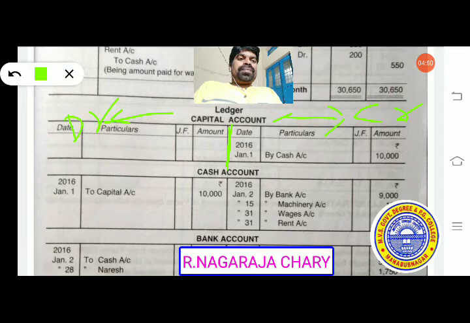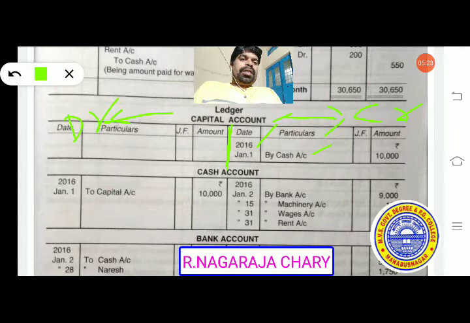Here we already know cash account debtor to capital account. Capital account is recorded on the credit side, so here on 2016 January 1st you have to write By. When you are recording on the credit side, you have to start with By, and when it is on the debit side, you have to start with To, the opposite of that.